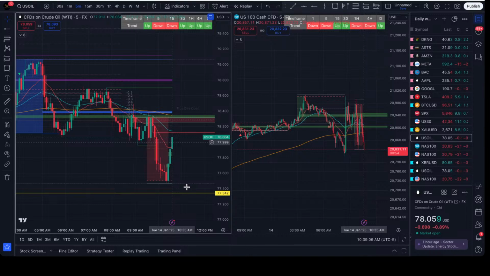Now again, for anybody who got in on the early entry model, they've already moved their stop losses to break even. They might even have collected their 1 to 3 actually.